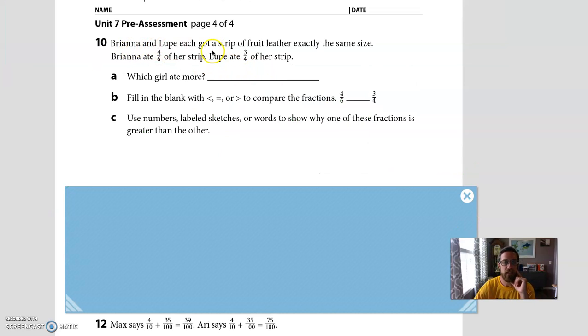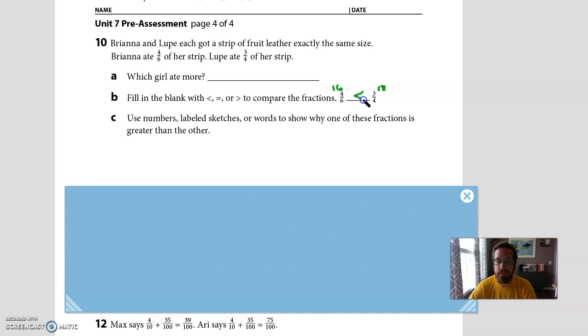Brianna and Lupe each got a strip of fruit leather exactly the same size. Brianna ate 4/6 of her strip, and Lupe ate 3/4. Which girl ate more? Basically, this is a simple problem of figuring out which fraction is larger. You're just comparing fractions again. So to compare fractions, cross multiply. 6 times 3 is 18. 4 times 4 is 16.